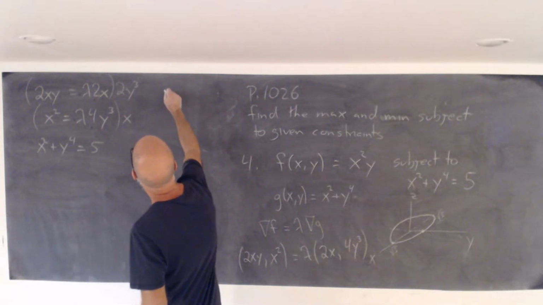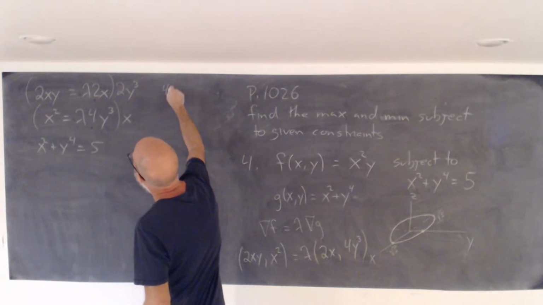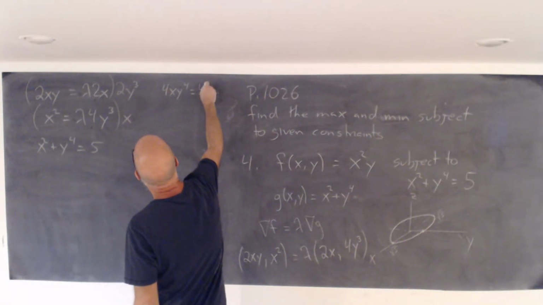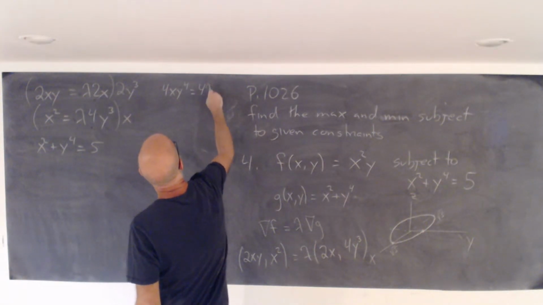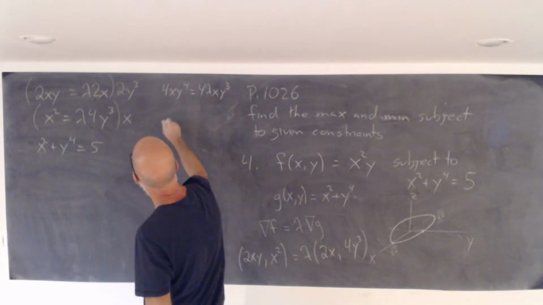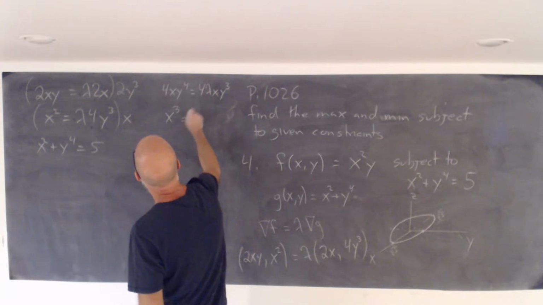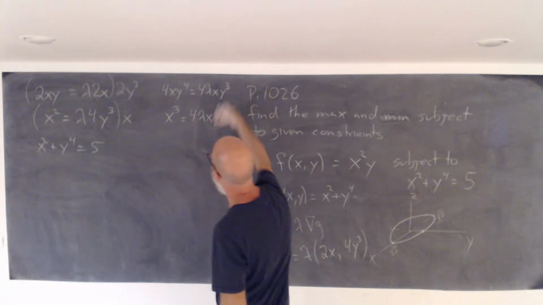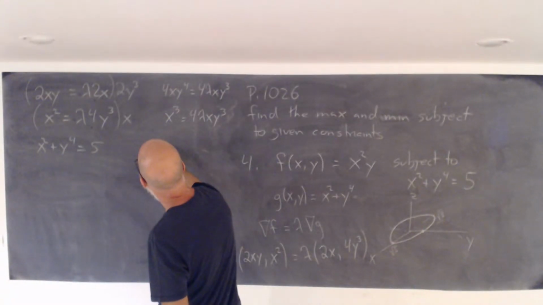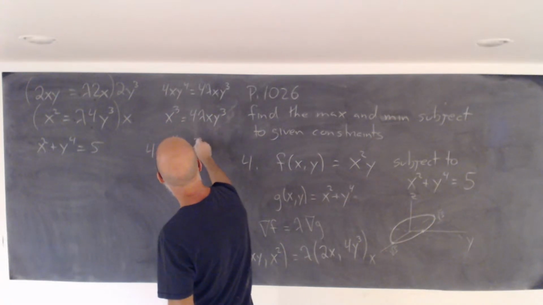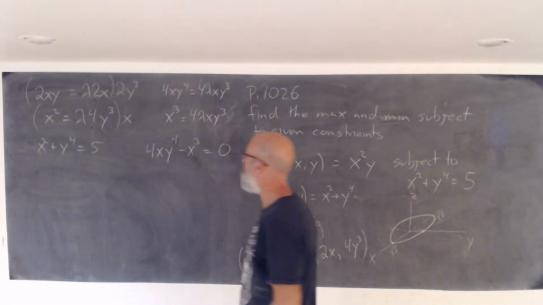So what? 4xy to the 4 is equal to 4 lambda xy cubed. And same thing here, x cubed is 4 lambda xy cubed. So if you subtract them, 4xy to the 4 minus x cubed is equal to 0.